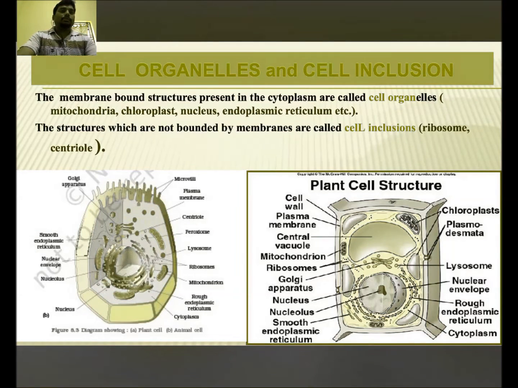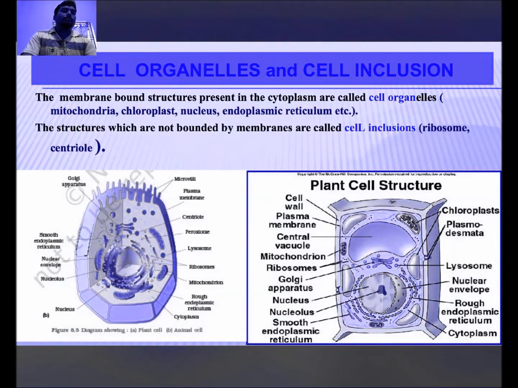In cytoplasm, students, we see many structures. Some are membrane bound structures and some are not membrane bound. So those structures which are membrane bound, they are known as cell organelles, and the structures which are not bounded by membrane are called cell inclusions.